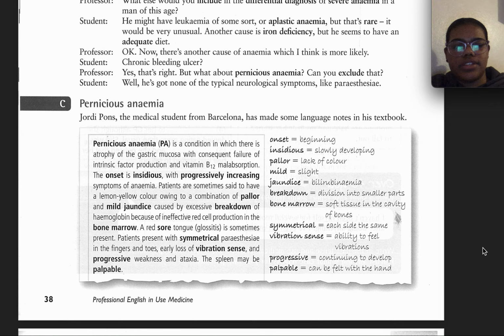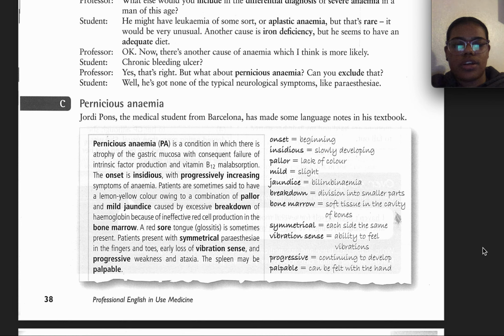The onset is insidious, with progressively increasing symptoms of anemia. Patients are sometimes said to have a lemon yellow color owing to a combination of pallor and mild jaundice caused by excessive breakdown of hemoglobin because of ineffective red cell production in the bone marrow.